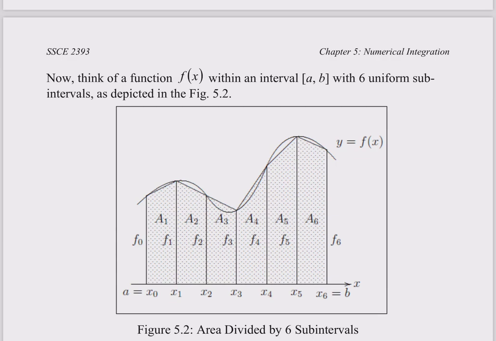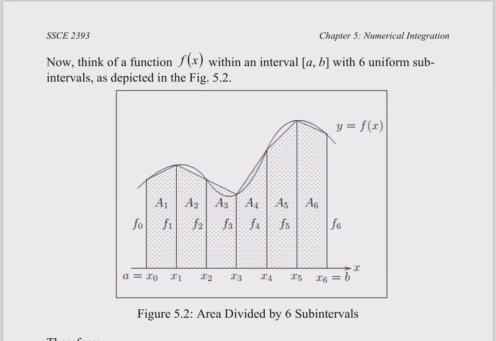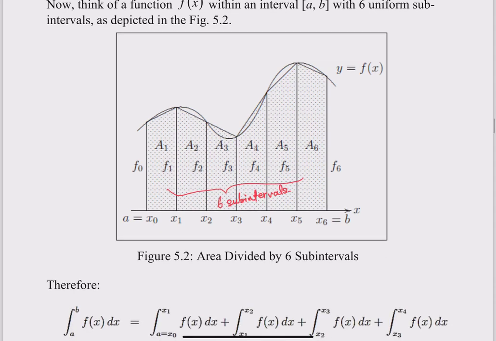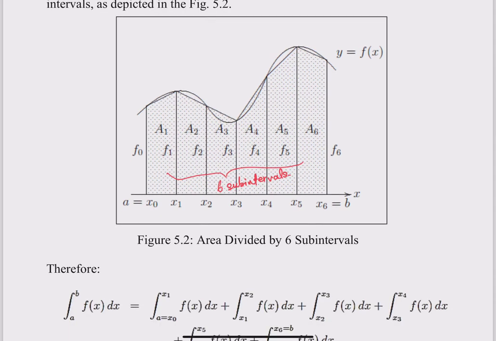Now let's say we divide the area under the graph into 6 sub intervals. Then for each sub interval we can evaluate the area.